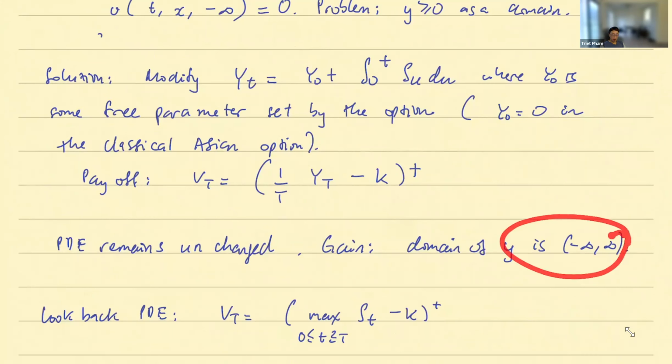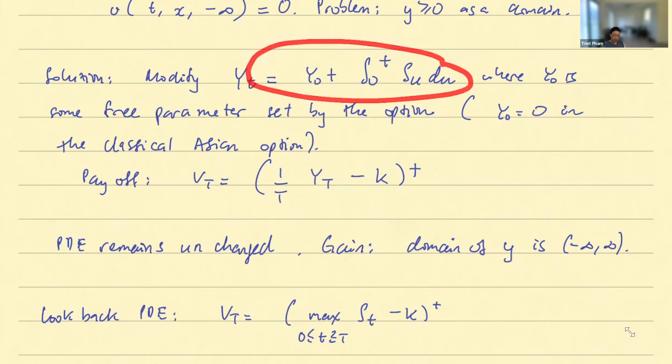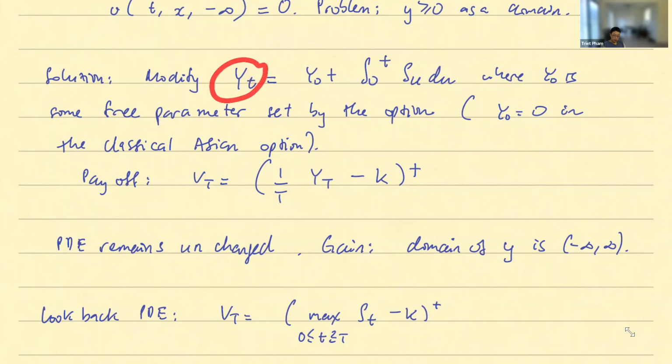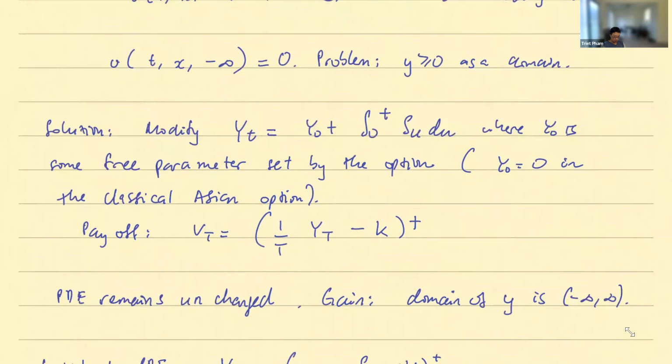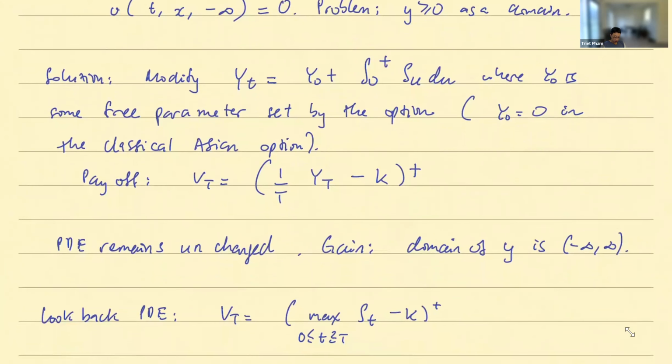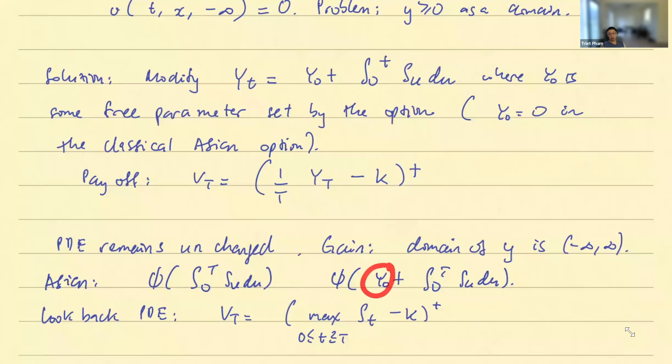Okay. And how do we accomplish that? We accomplish that by redefining what we mean by the YT process. In other words, if I were to tell you that the Asian option is no longer a function of just this, but is really a function of this, where Y0 is something that I specify when I start the option, would that be illegal?